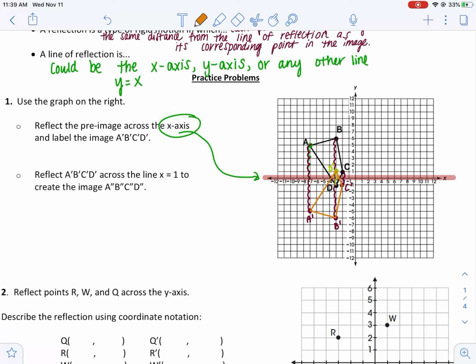So now we're going to reflect A prime, B prime, C prime, D prime, that orange one we just drew, across the line x equals 1 to create a new image. So x equals 1. I have a little trick for us. There's a trick called HOY, VUX.